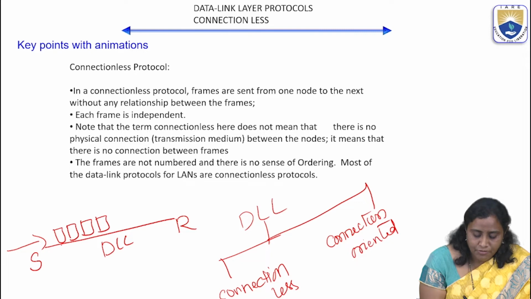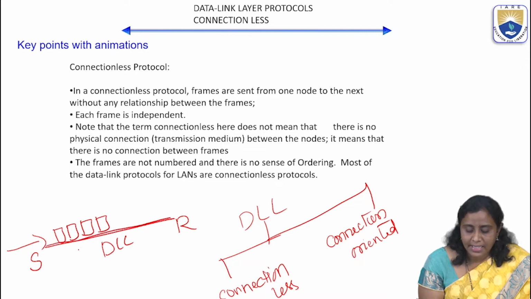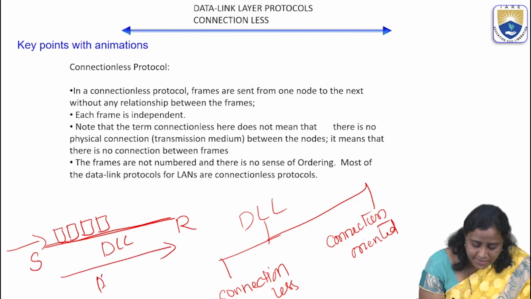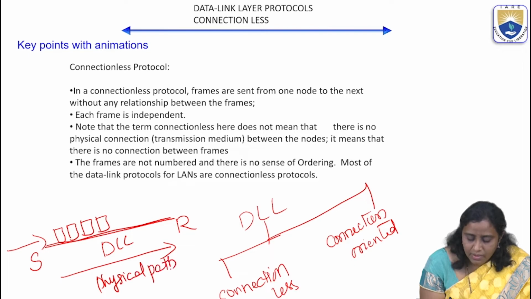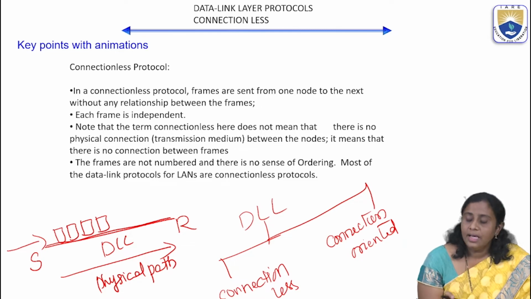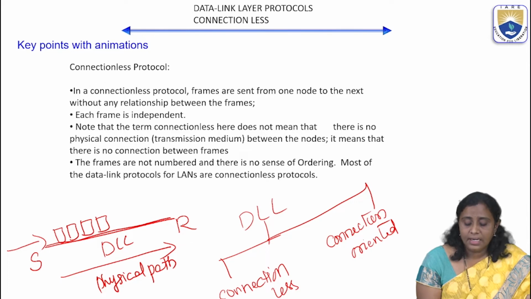In this type of transmission, we should not identify or recognize any type of relationship or any physical path between the sender and the receiver host.